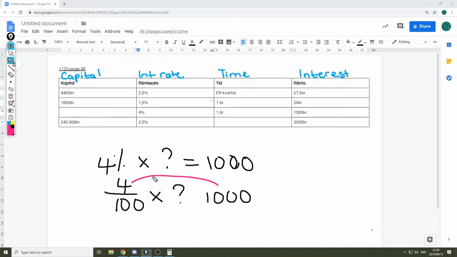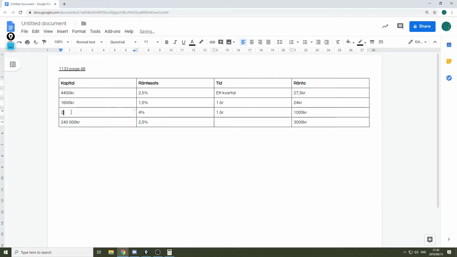So if I divide by the number at the top, multiply by the number at the bottom, I'm going to get my answer. So here, 1,000 divided by 4 is 250, times by 100 is 25,000. So my answer here is 25,000. That's the capital that I started off with at the beginning.